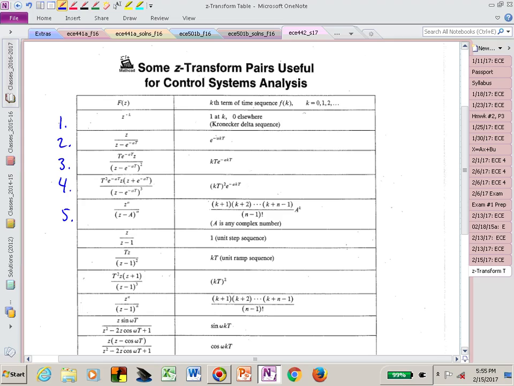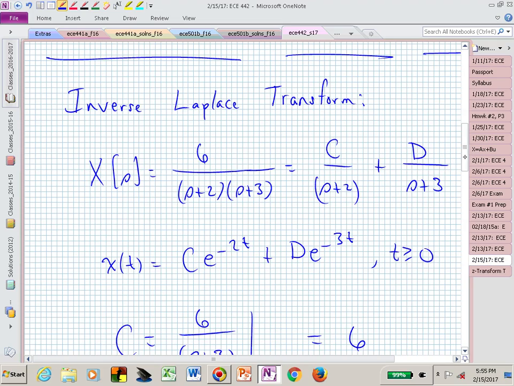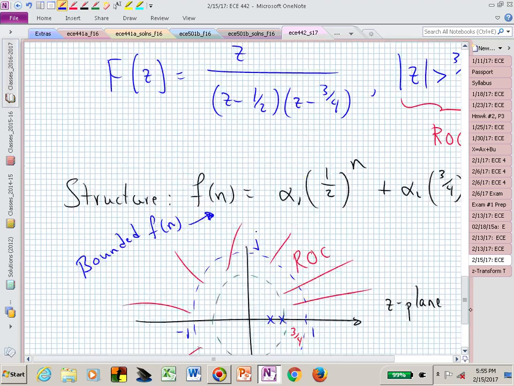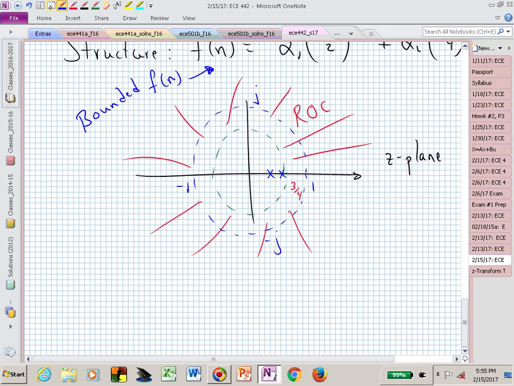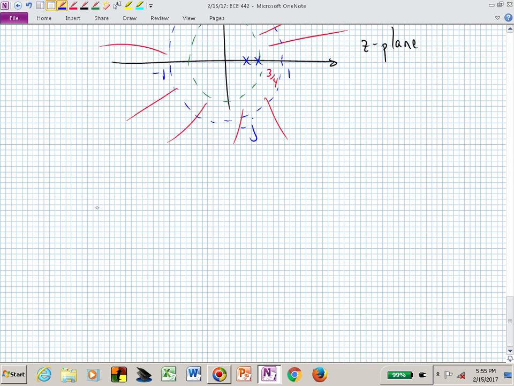We're looking for terms that look like z over z minus, let's say, r. That's what we would like to find.